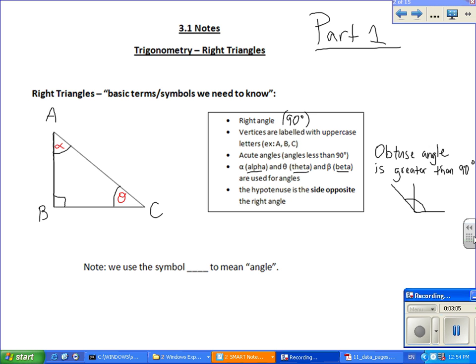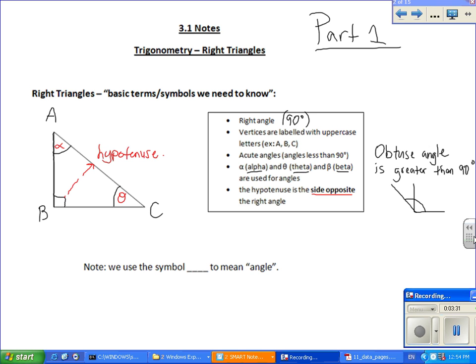as well as in the textbook. The hypotenuse is always the side that's opposite or across from the right angle. Whenever I look at a right-angled triangle, I find my right angle and go directly across from that right angle, and there is my hypotenuse. I can always label the hypotenuse for any right-angled triangle.